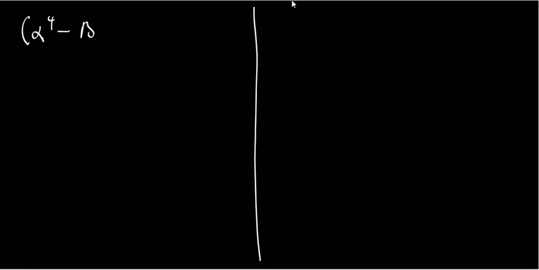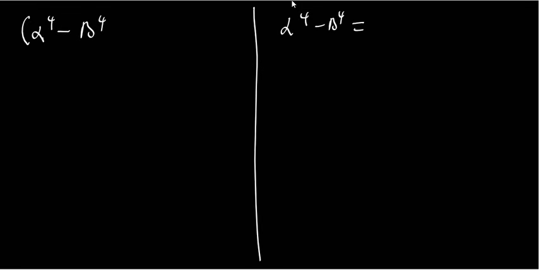Okay, now let's go to the other last one. We have alpha to the 4th power plus beta to the 4th power, like that. So in here, what we do is alpha to the 4th minus beta to the 4th.